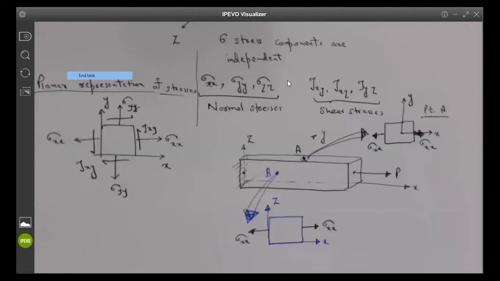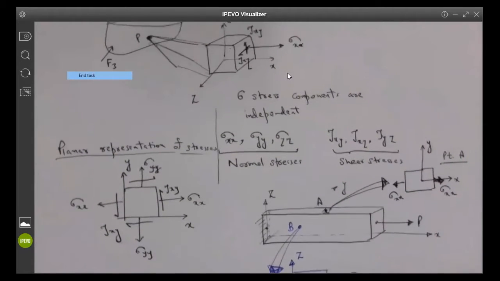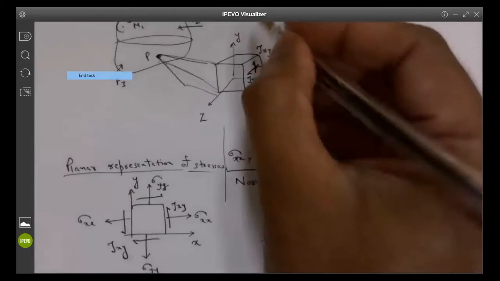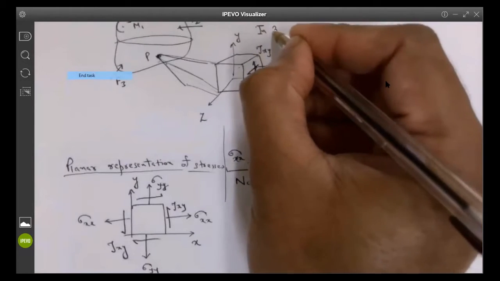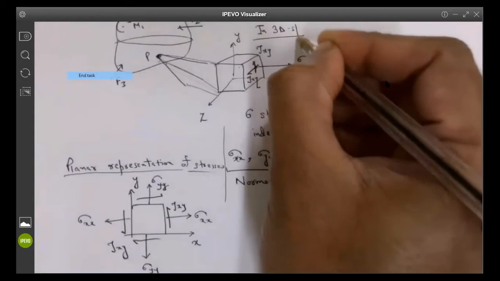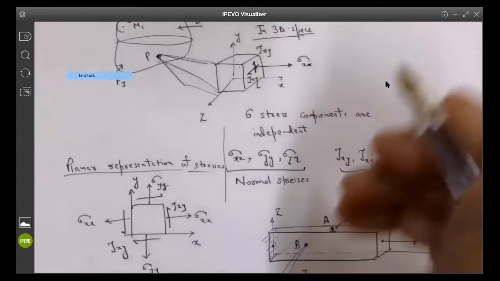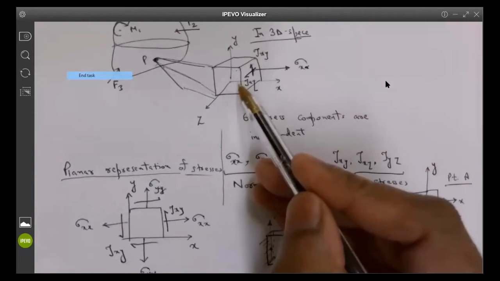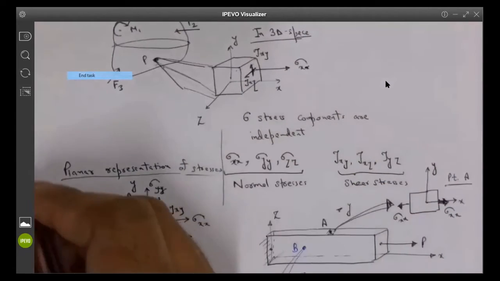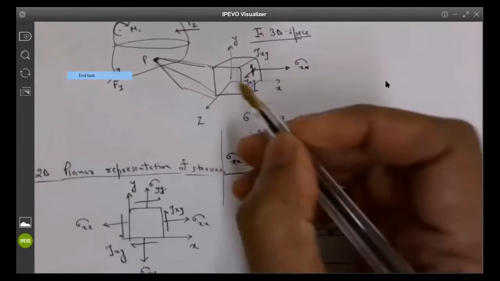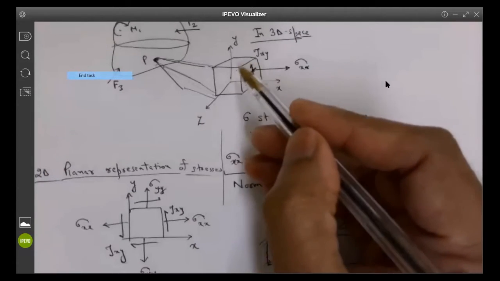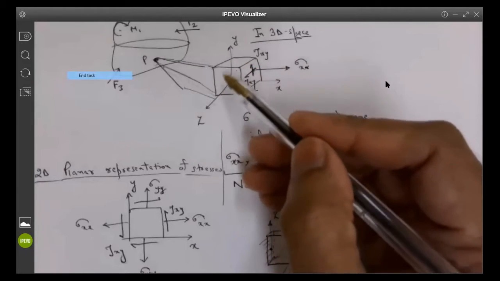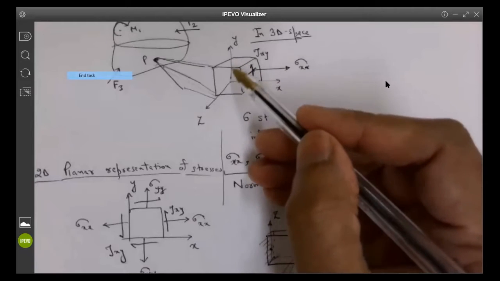So Daniel, what I said is that generally speaking, the stresses are always represented in a three-dimensional form, in 3D space. But as engineers, it is very difficult for us to solve the problem in three dimensions. So we try to approximate and represent that in a two-dimensional planar representation, where one of the axes is squeezed.